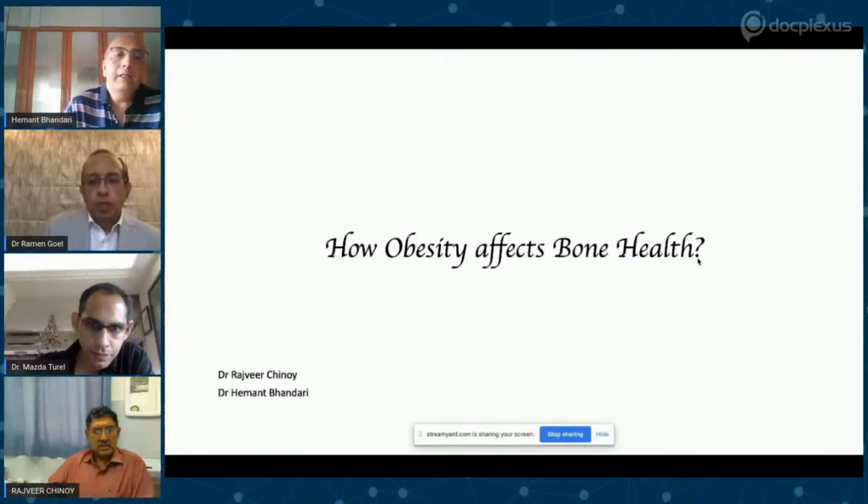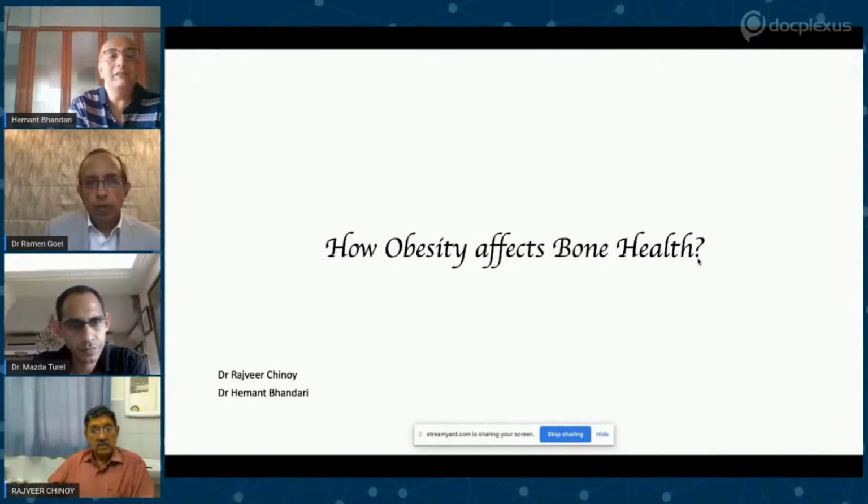And in those, there are 5% to 10% whom we call rapid losers. They are losing at a rate of at least 5 to 10% a year. So there is a small subset in those women as well who are losing bone mass rapidly.